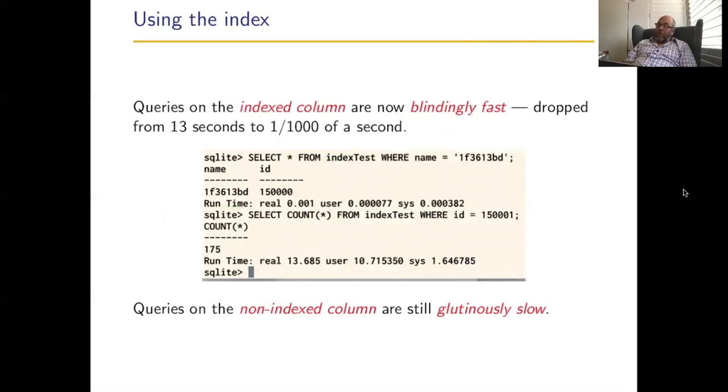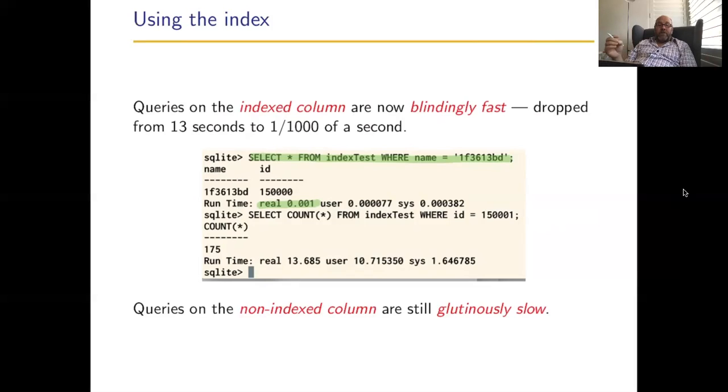Okay, now what happens when we want to use this? Well, we don't have to do anything special to say use the index. As long as we've created the index, then SQLite will know that it's there. So if I now do a select star where name equals 1F3, it's found the right one, and the time it's taken is now 1,000th of a second, so small that it can barely be counted.